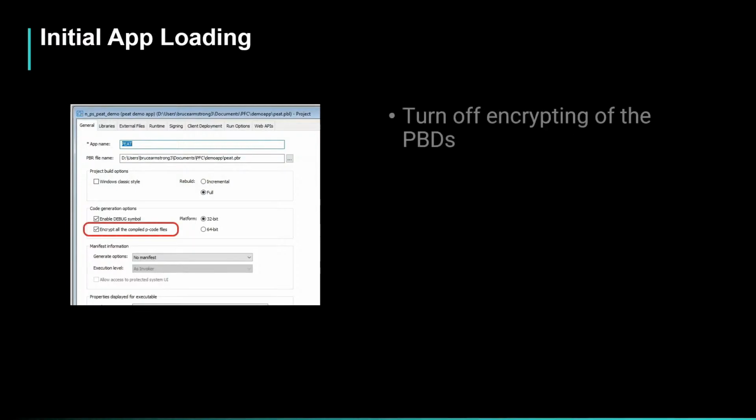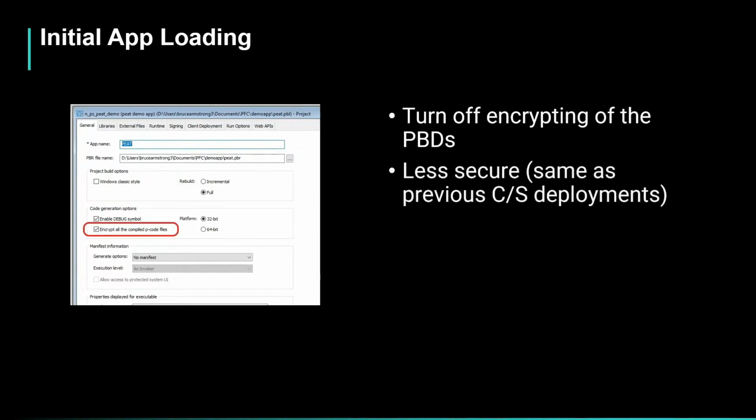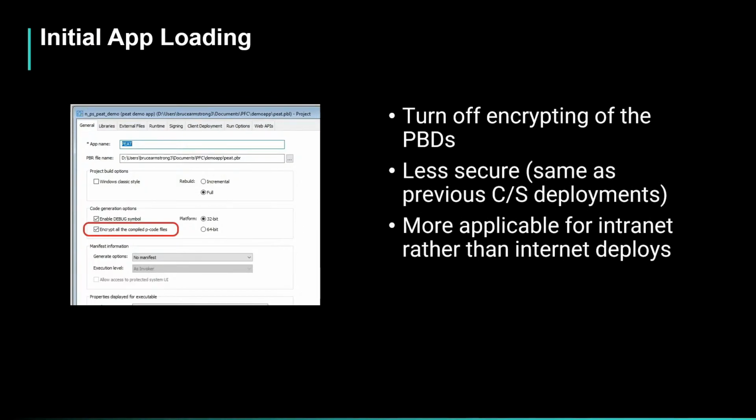Another option here, well, actually what we're doing now is we're looking at initial app loading. So one of the things you can do, it's a little less secure. You have to think about where your app is running. If it's in an intranet and things are pretty secure, you might turn off encryption of the compiled P-code files, which is basically what you have when you have a client-server application today as well.